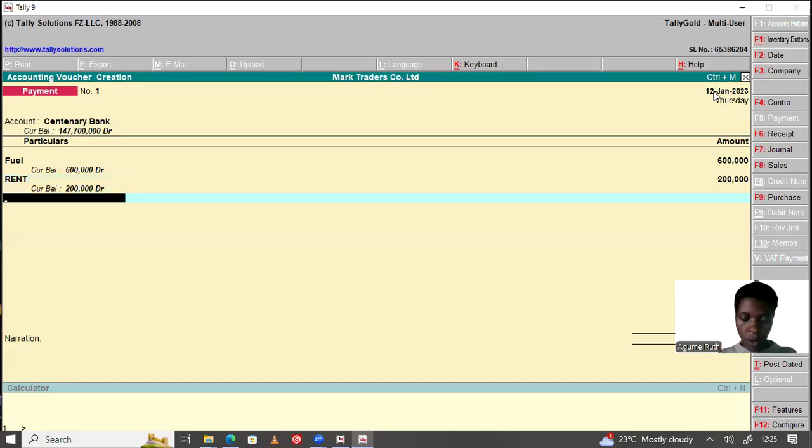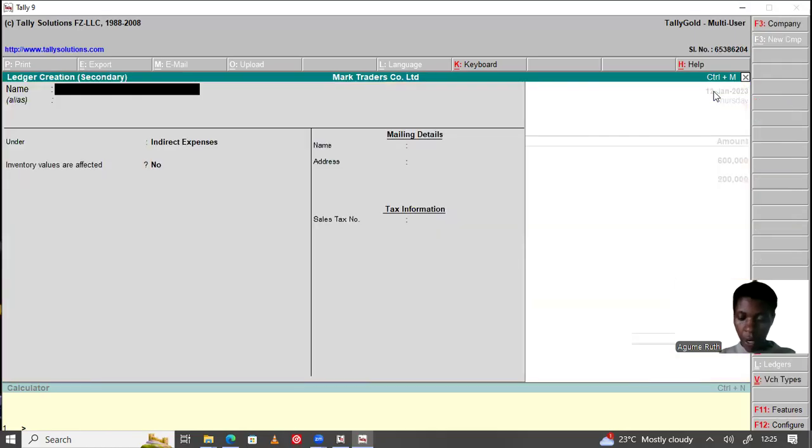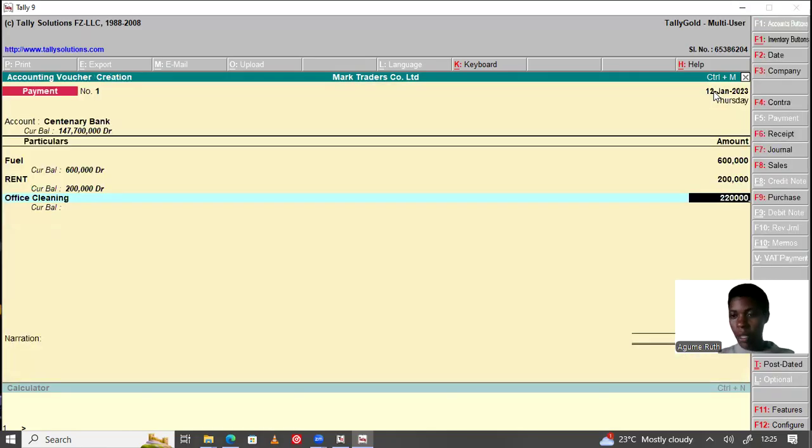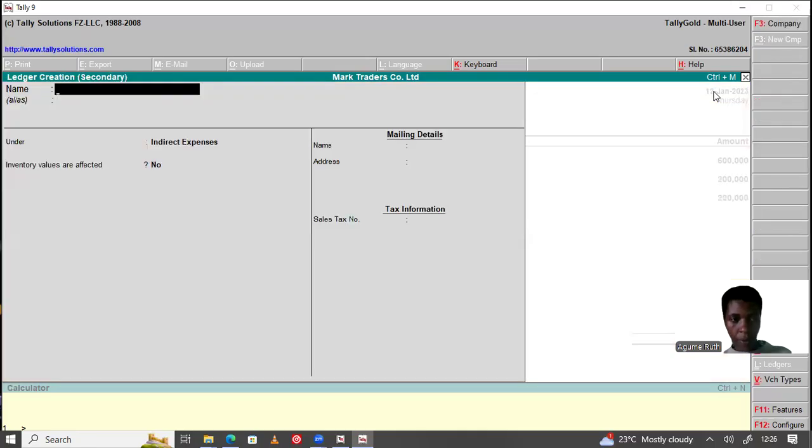Then I create office, indirect expense 1,000. Then I create another one, electricity.